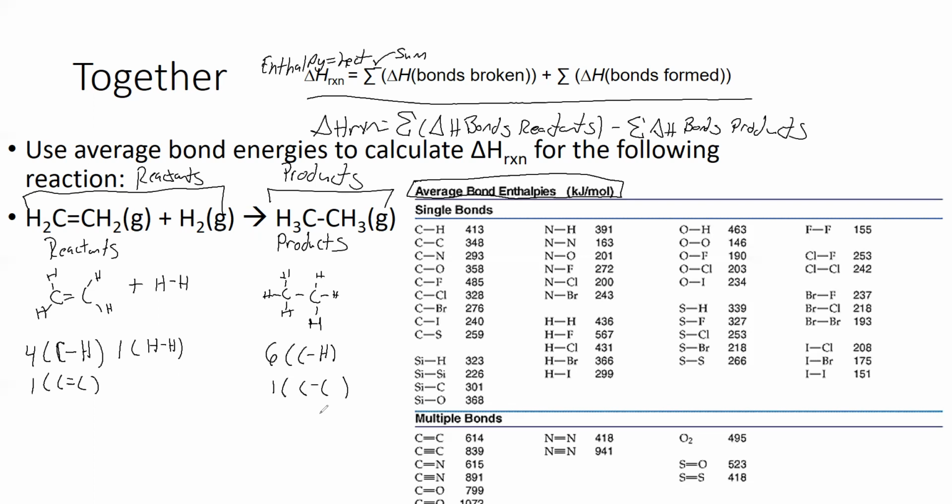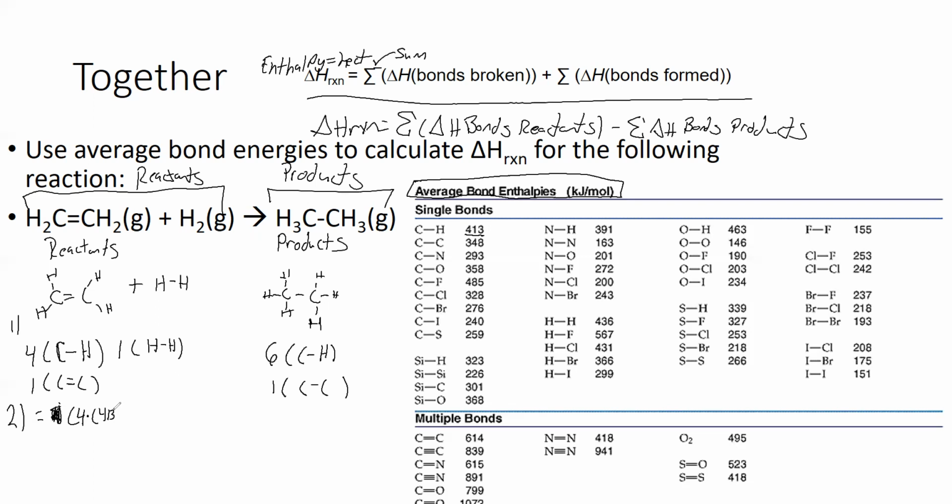So that's the first thing we need to do, just count up the number of bonds. That's step 1. Step 2 is using the delta H equation. So I'm going to sum all these together. It is 4 times the energy of a carbon-hydrogen bond, which is 413 kilojoules per mole.